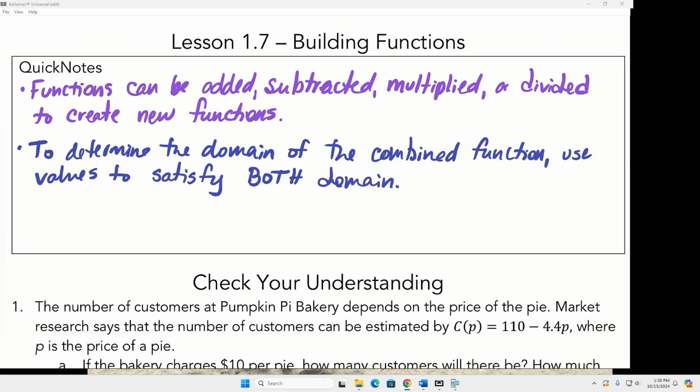So if there is something that can't be included in one of your functions, it can't also be included in the combined, the new function.